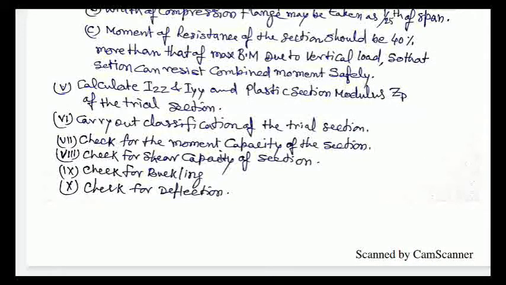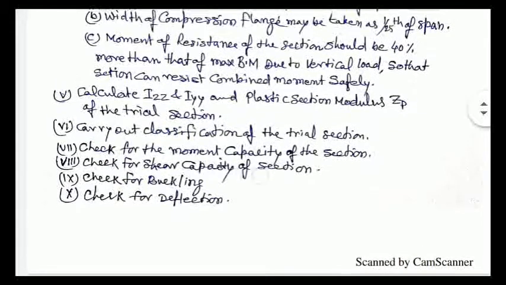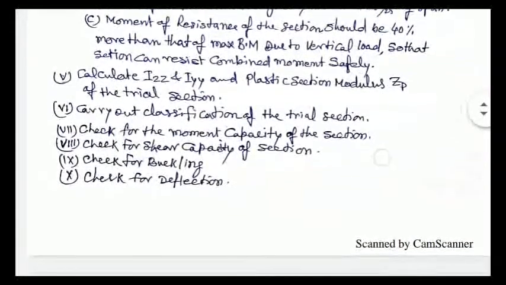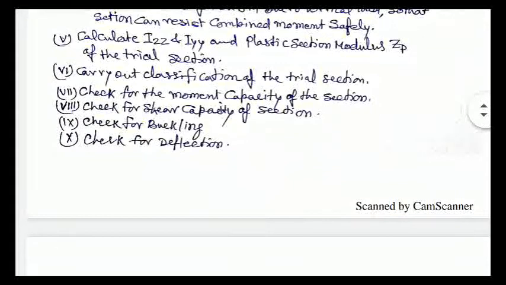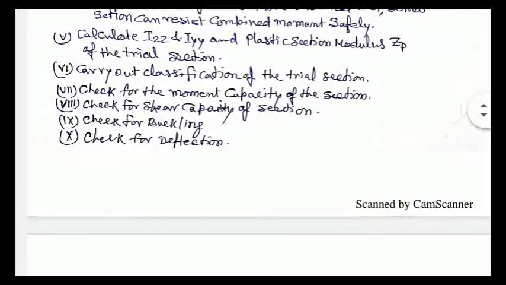Then we have to make a check for the moment capacity of the section. You have to find out the moment of resistance of the provided section. It should be more than 40% more than the maximum bending moment. Okay. Then check for shear capacity of the section, so the shear stress should be in the permissible limit.